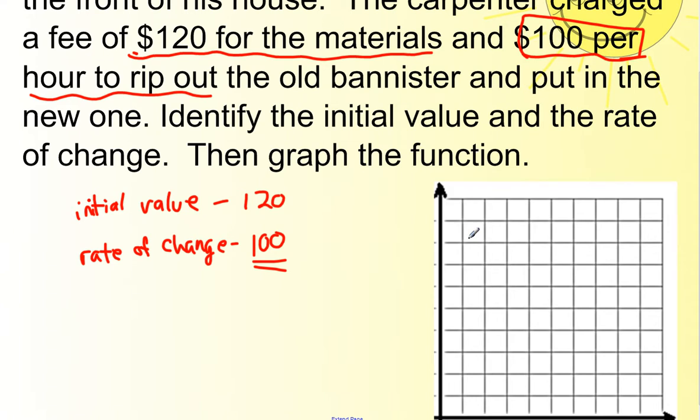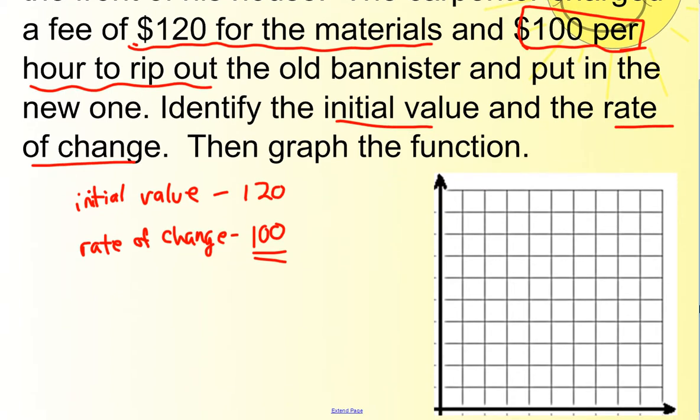Now, it wants us to graph this. We've identified the initial value and the rate of change. It says graph the function. Well, I don't know how to graph just this. But if we could turn this into an equation, like the last problem, then we'd have no troubles. So y equals mx plus b.